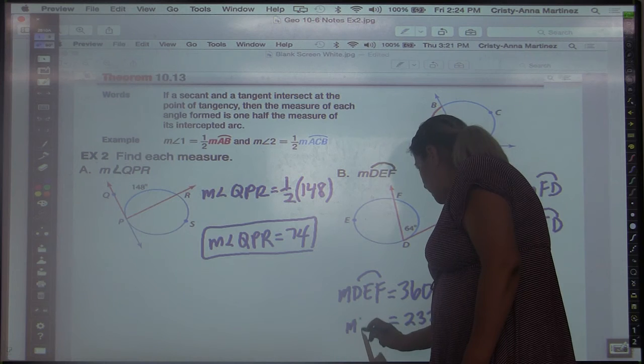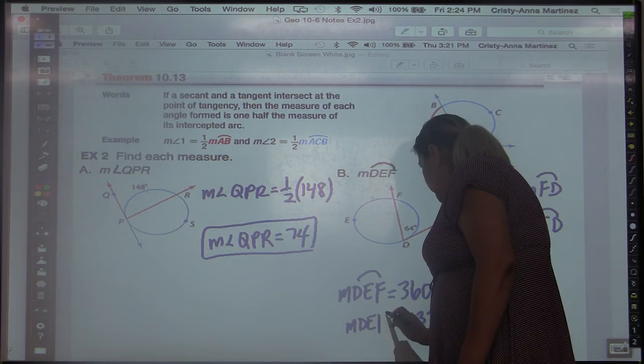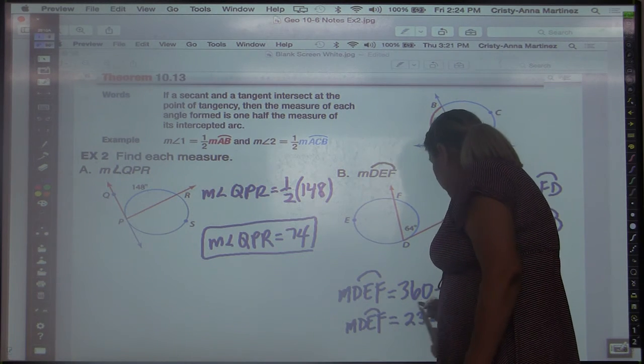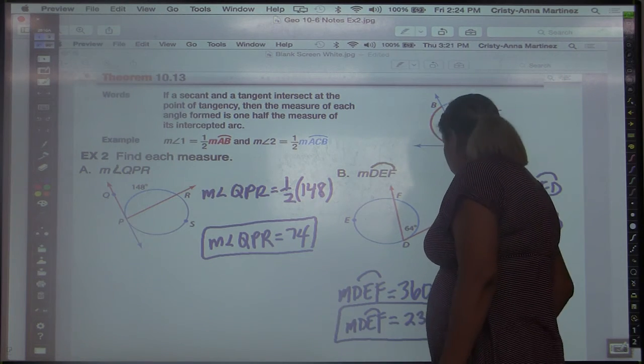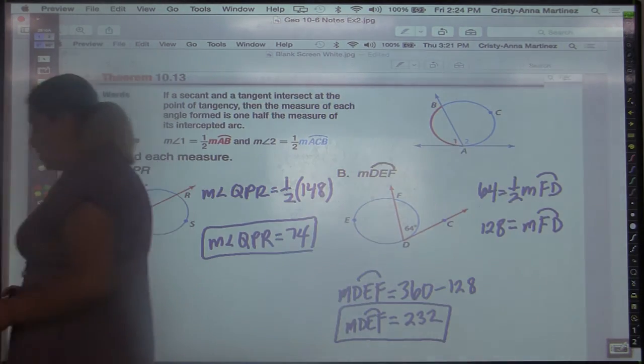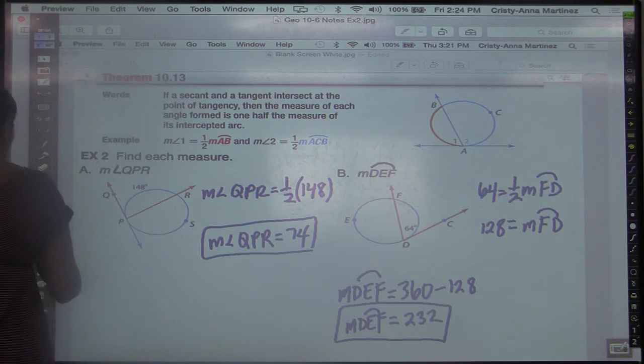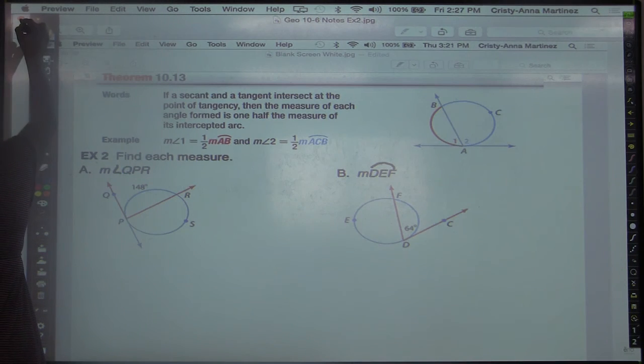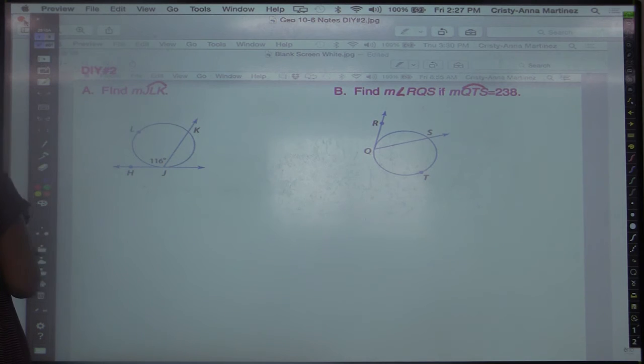So the measurement of arc DEF is 232. Lovely. So now you can go ahead and do it yourself, number 2, part A and B. And then we're going to go on to example 3.